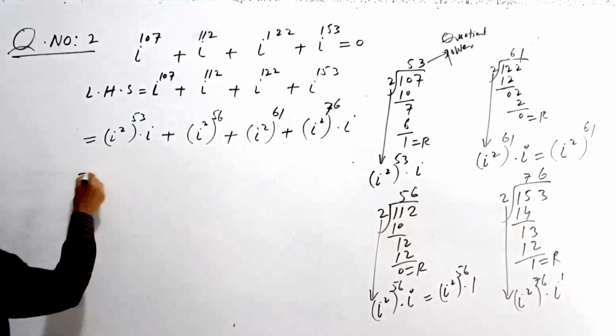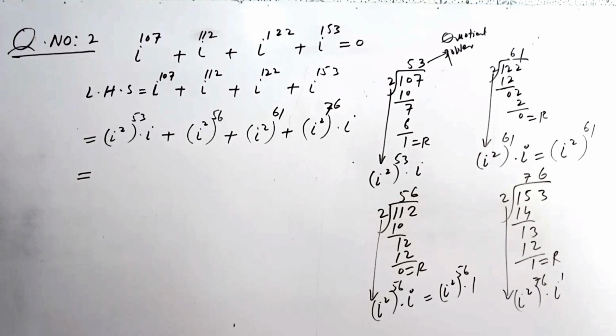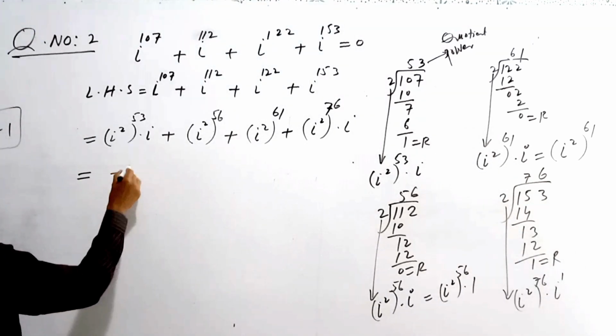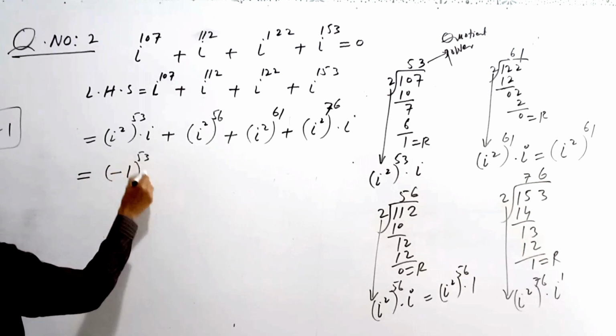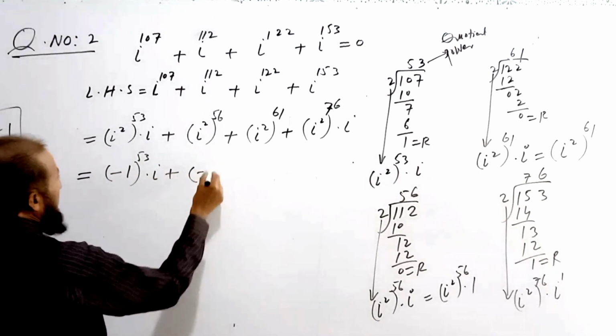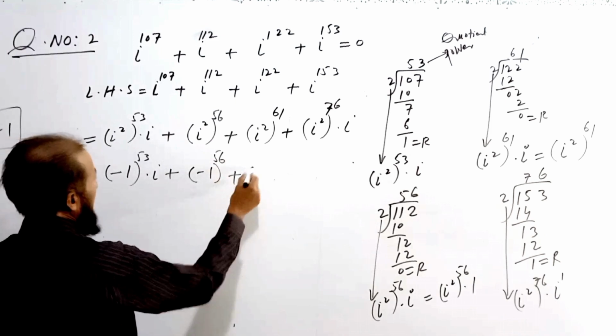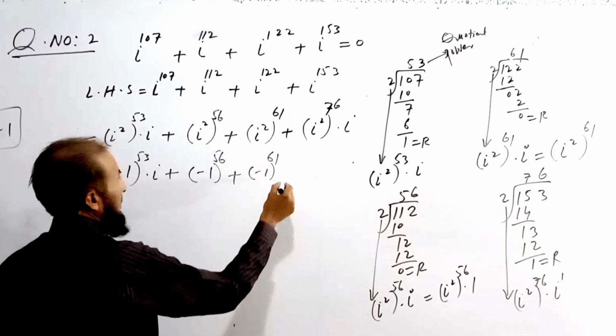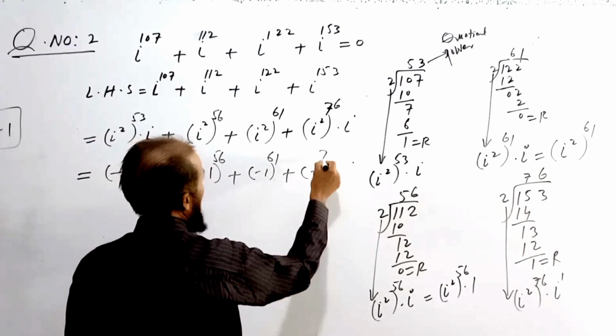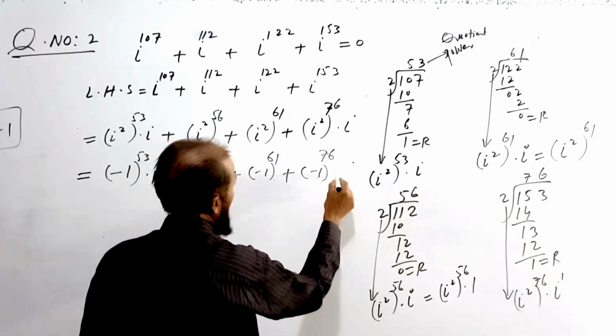Now look here, we replace iota square. We know that iota square is equal to minus 1. So we replace iota square 53 into iota minus iota 56 plus minus 1 to the power 61 minus 1 power exponent 76 into iota.